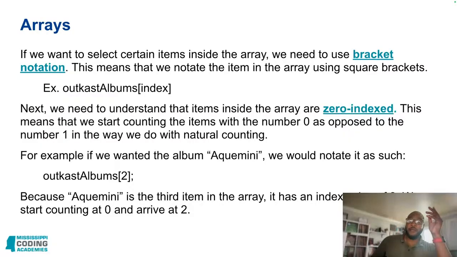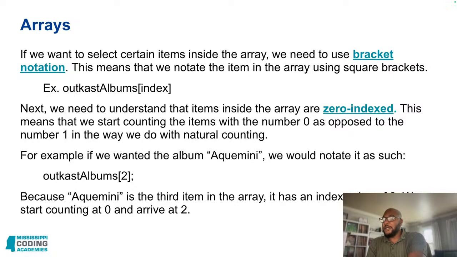Like if I say, hey, count to 3, you're going to say 1, 2, 3, not 0, 1, 2, 3. Okay. But with arrays, they are 0 indexed. So the first item inside of an array has an index value of 0. Okay, and that is the way we word it. Or the item 0 indexed, that would be the first item inside of an array. Okay, and that's how that works.